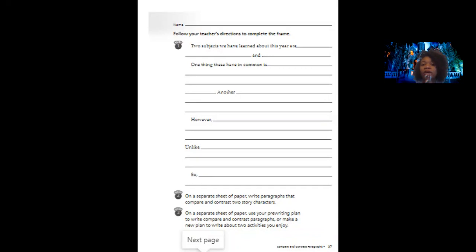So you could literally start your paragraph 2 as one thing that my school and Margie's school have in common is, because you're comparing them, which means they are alike. Then a word you could say is another. When you start your paragraph 3, you can use the word however, because now I'm telling you the difference.